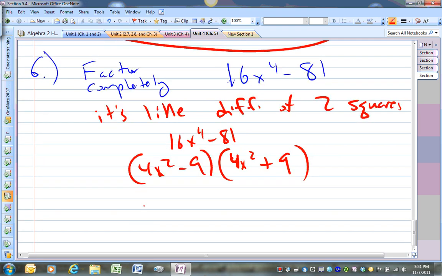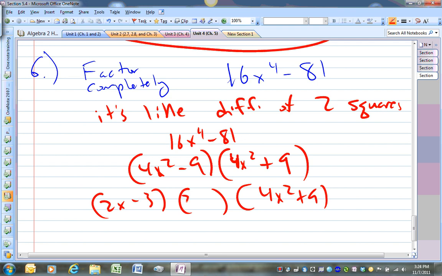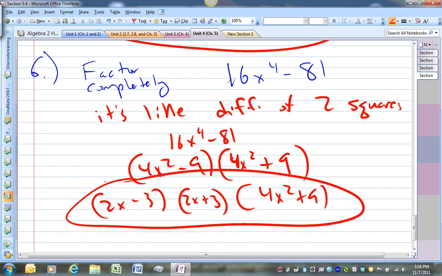Now, there's no such thing as sum of two squares, but there is a difference of two squares. So I can break up 4x squared minus 9 again. So that's factored completely.